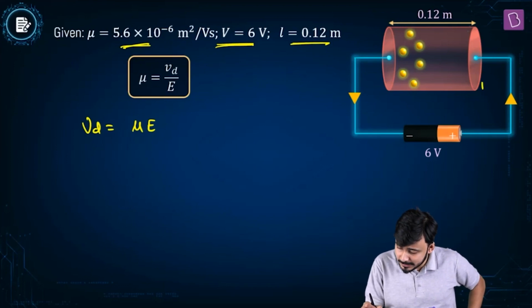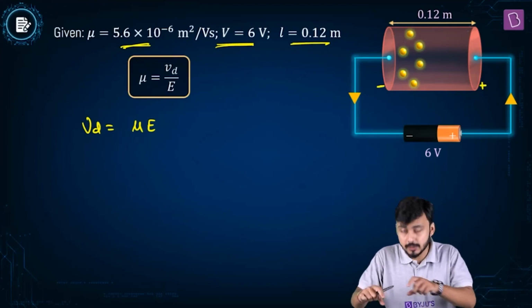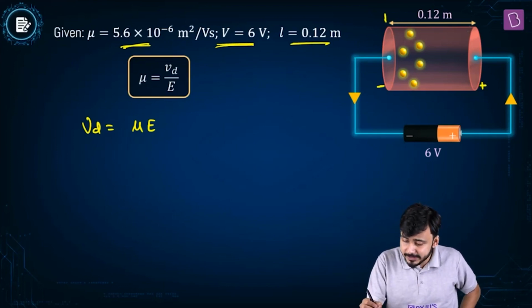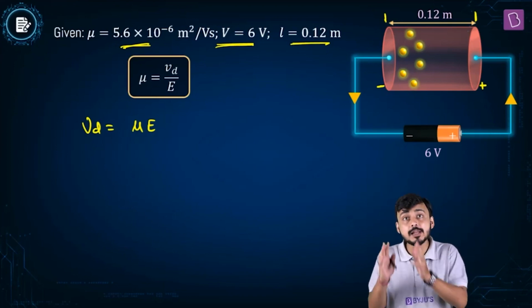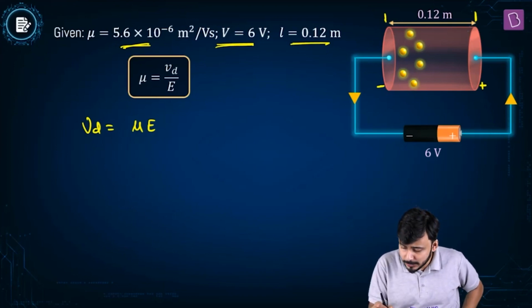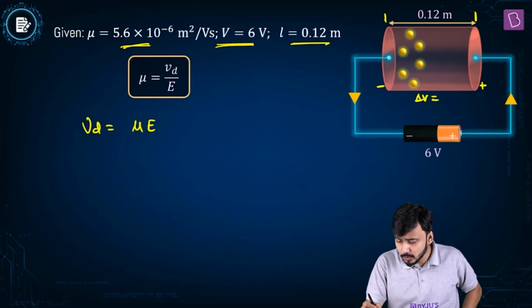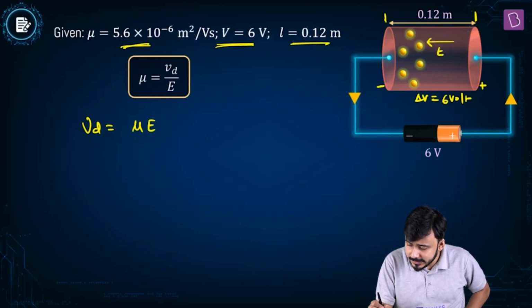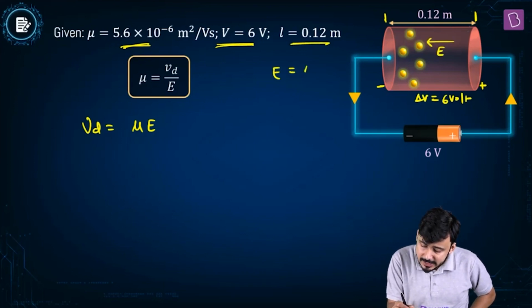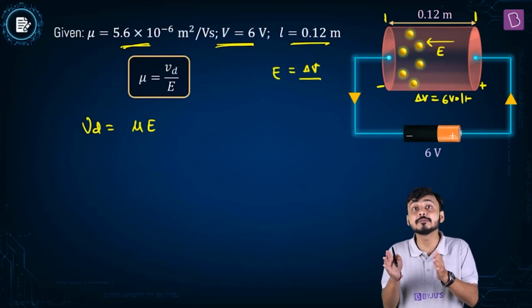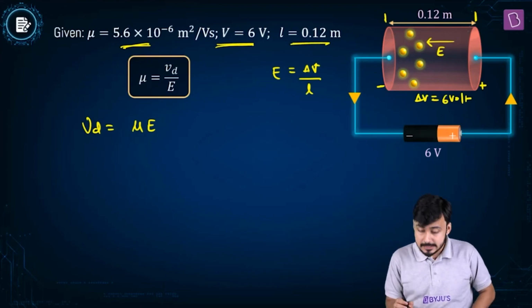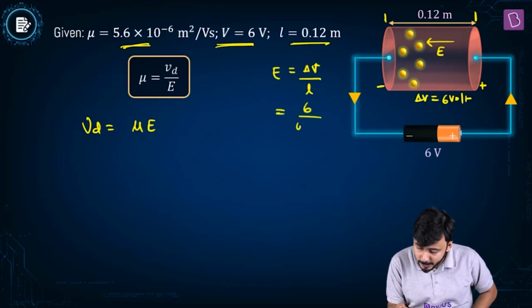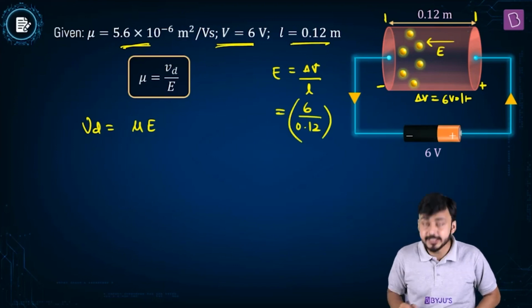Say this is the positive terminal, this is the negative terminal of the conductor, and the distance between them is 0.12 meter. The potential difference delta V created by the battery is 6 volt. So the electric field inside the conductor, E, is given as delta V by length of the conductor L, that is 6 upon 0.12 volt per meter.